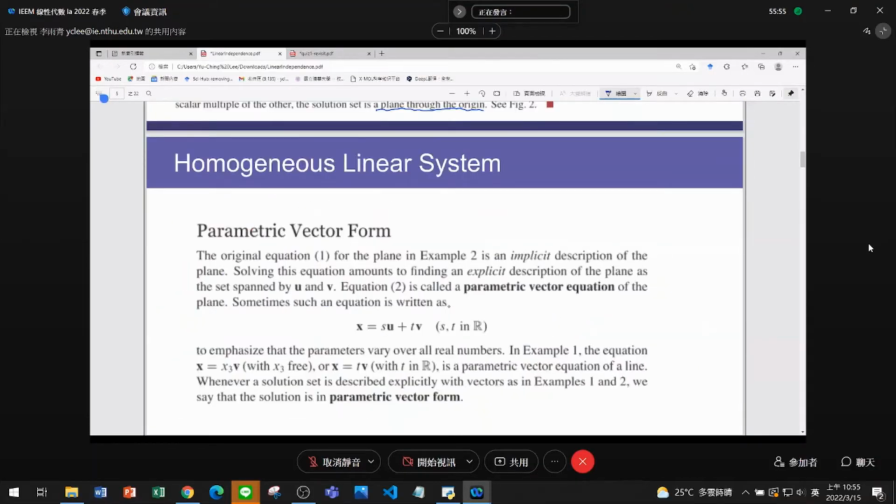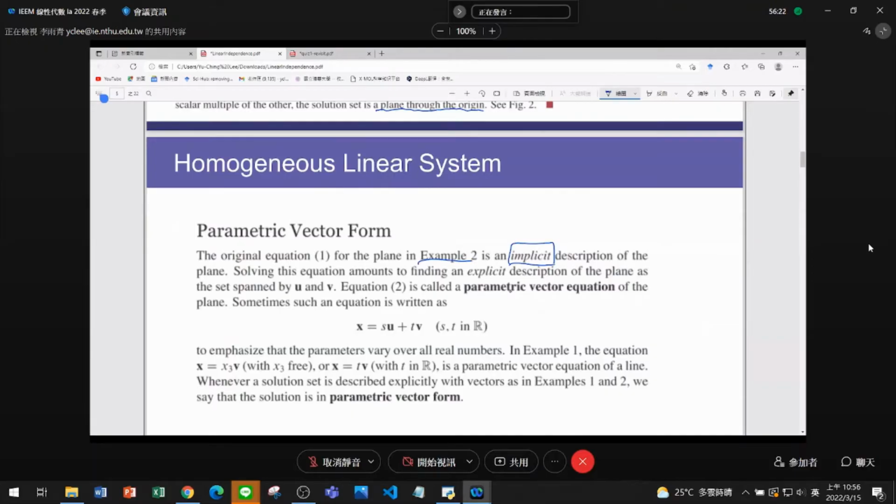Alright, so we can continue to see another terminology. 另外一个专有名词 is called parametric vector form. So the original equation for the plane in example 2, the example we just saw, is called an implicit description of the plane.